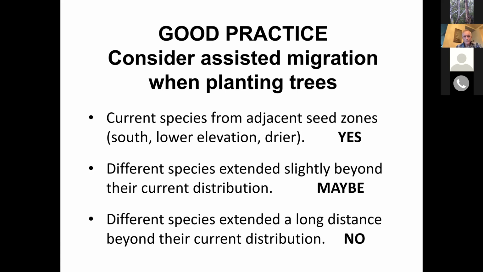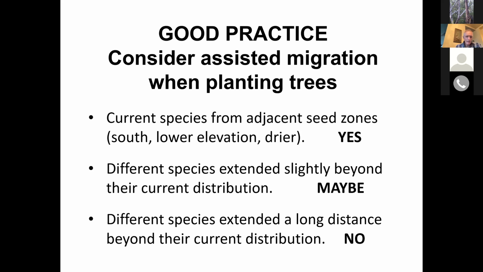It may provide some additional benefits for soil moisture, low soil moisture tolerance, and there's a relatively low risk in doing that. We might extend some species slightly beyond their current distribution in some cases if we feel that there's a minimal risk there for insects and disease, and that those species are likely to survive but not become invasive or cause problems for us.